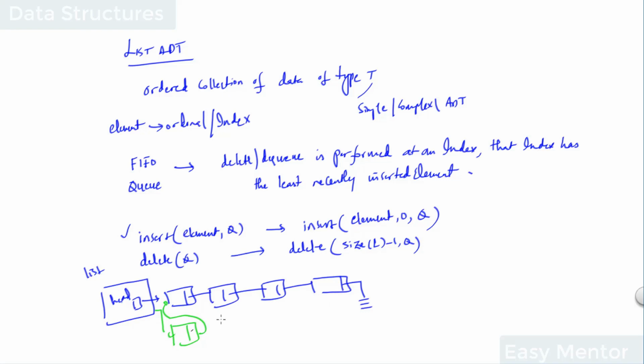And the most recently inserted element in the linked list is present at index 0, and indexes in linked list are nothing but the distance of the node from the head of the linked list.